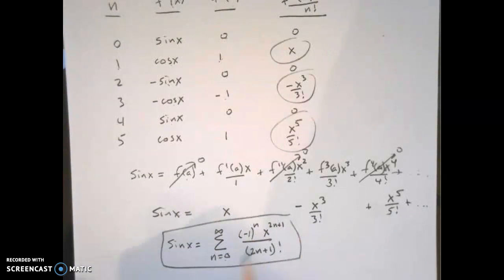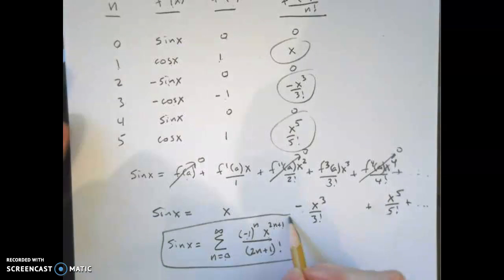Let's make sure that works. When n is 0, that's a 1, x to the first, over 1 factorial. When n is 1, we're going to have a negative, which is correct. We'll have x to the third over 3 factorial, and so on.